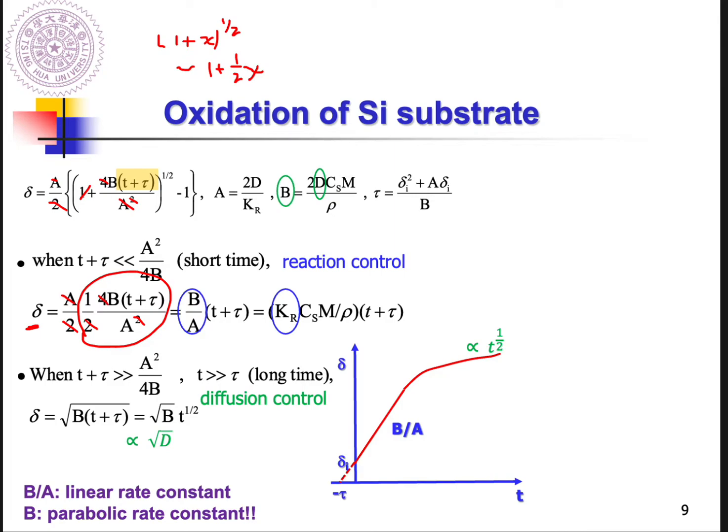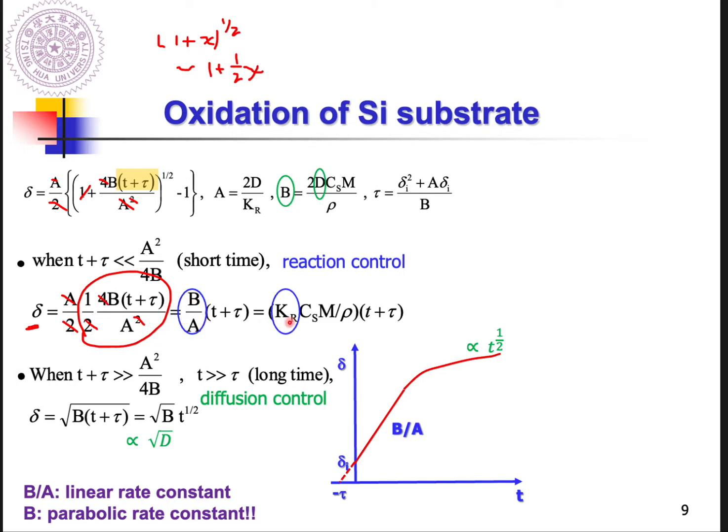So when you try to write down the thickness versus the reaction time, for a short reaction time, you find that delta is linearly proportional to t, and the slope is B over A, right?